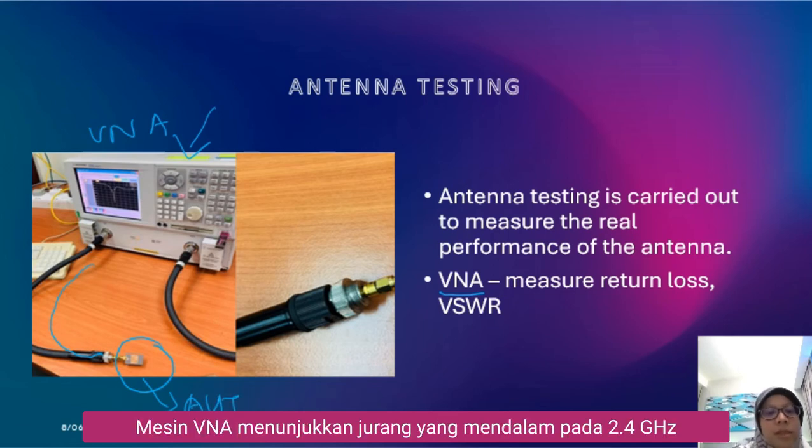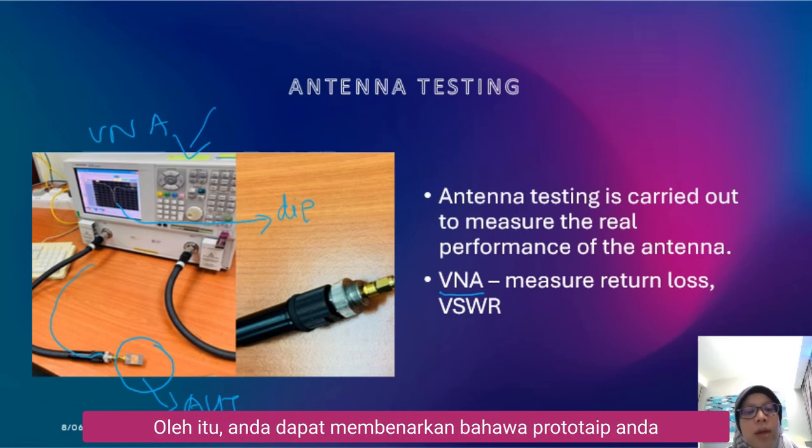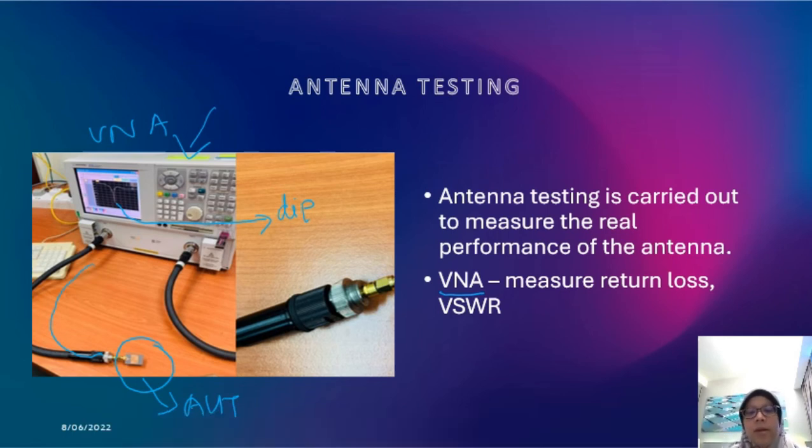So as you can see from this measurement, the machine shows that there is a dip at a certain frequency, at 2.4 gigahertz. So you can say that the fabricated antenna is similar to the simulation design.